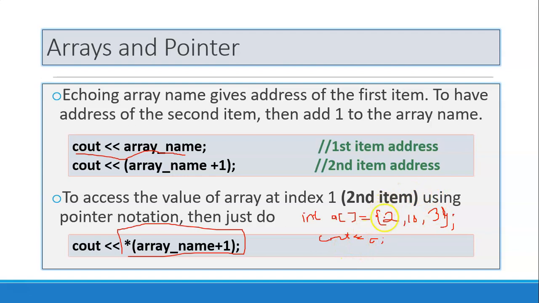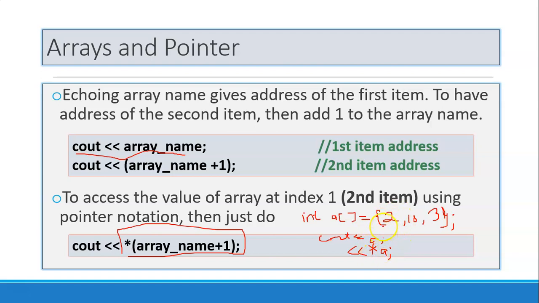And if you want to display 2 using this syntax or pointer notation, then we can have cout, then the dereference operator and A. This one is going to give you 2, which is the value pointed to by the address of the first element.